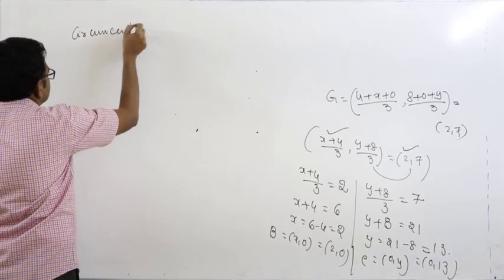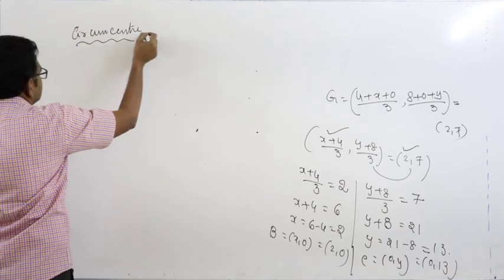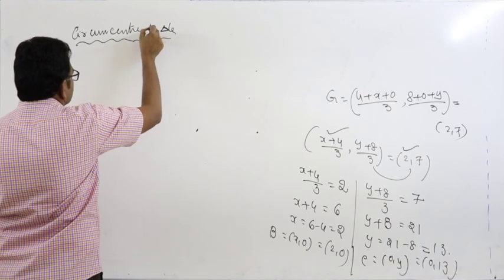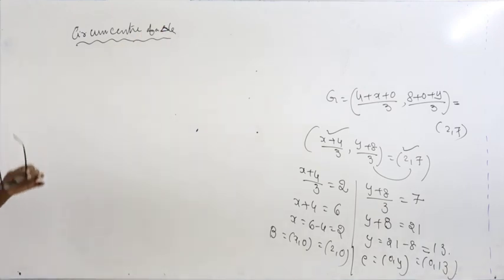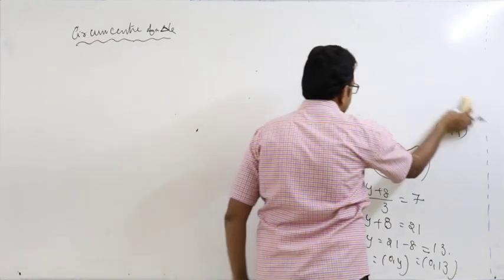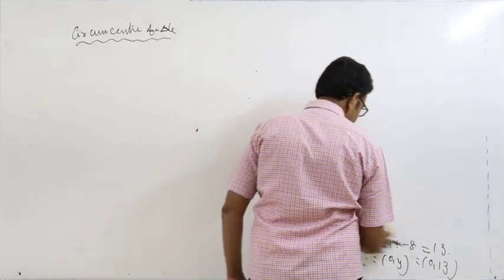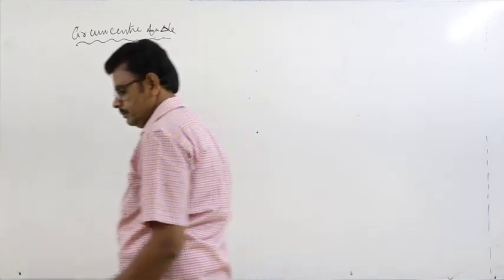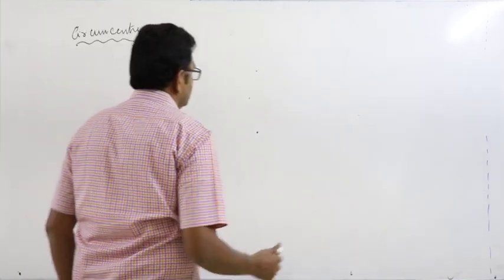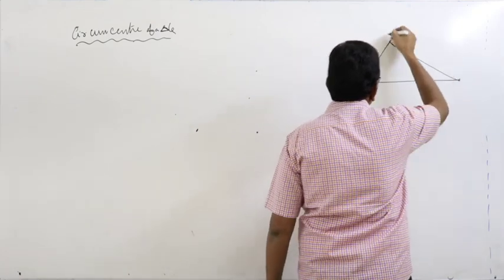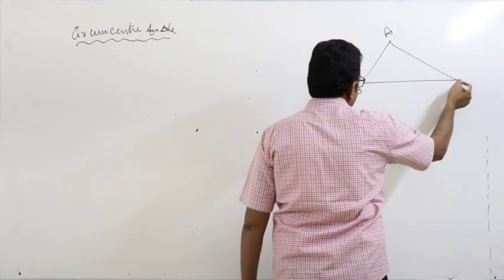Circumcenter of a triangle. So, this is the triangle ABC.